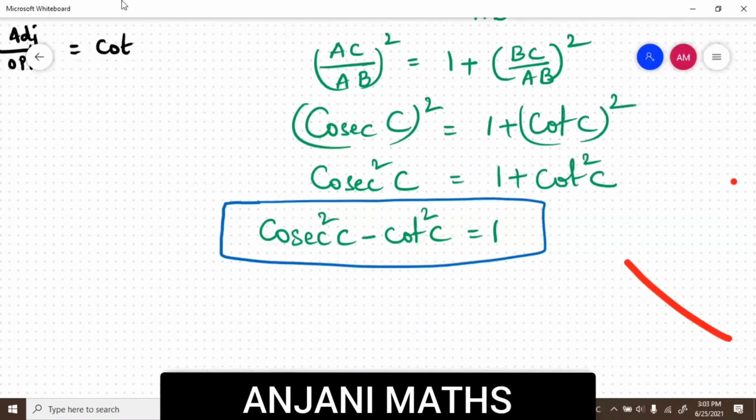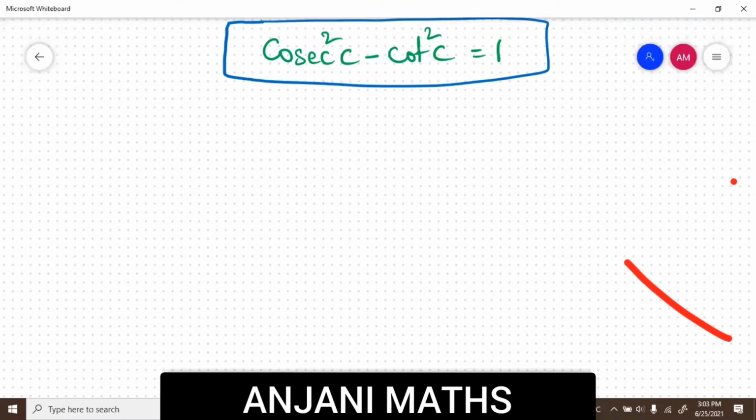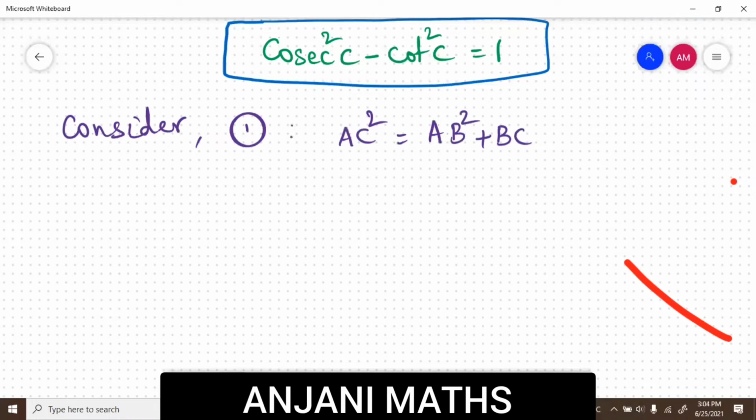So consider equation 1. What is that equation 1? AC square equal to AB square plus BC square. Now what are we going to do? We are going to divide the whole equation with BC square.